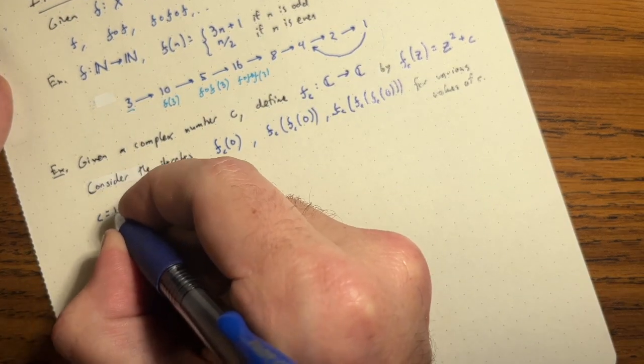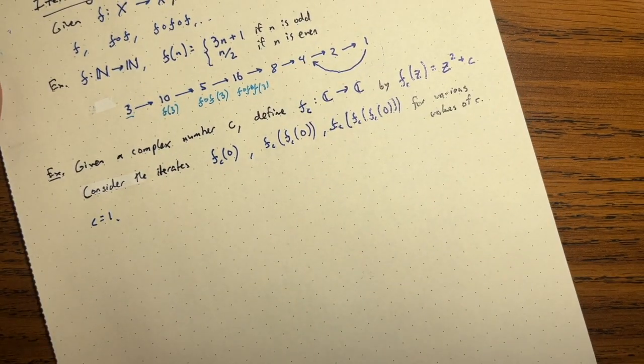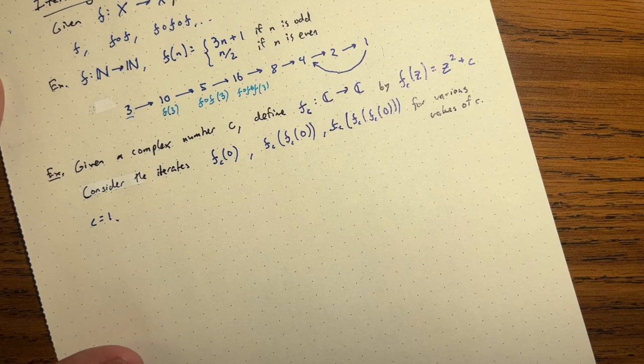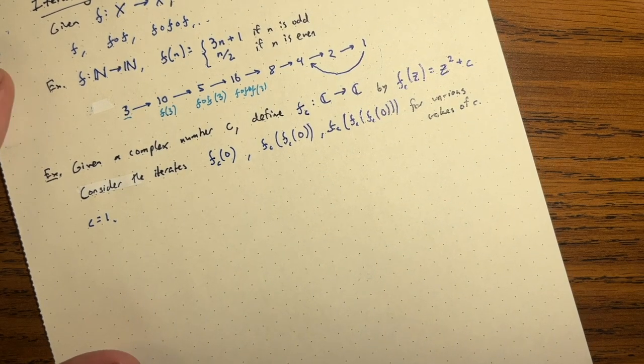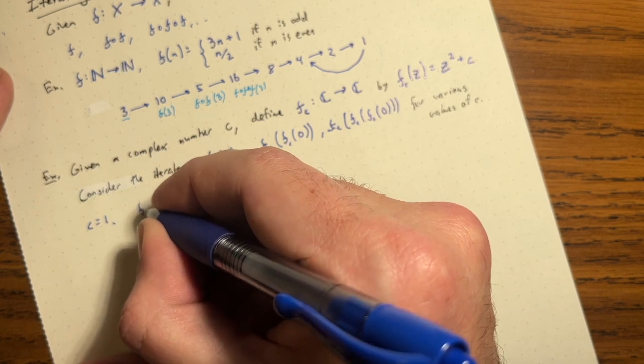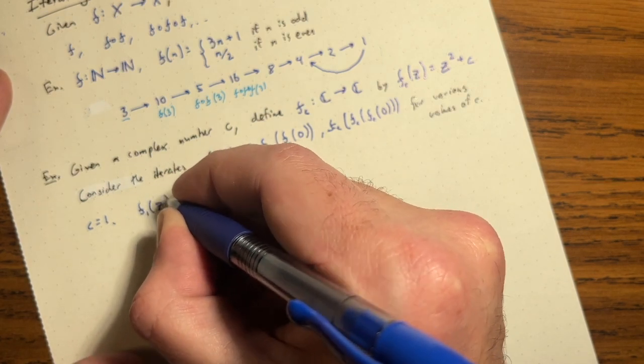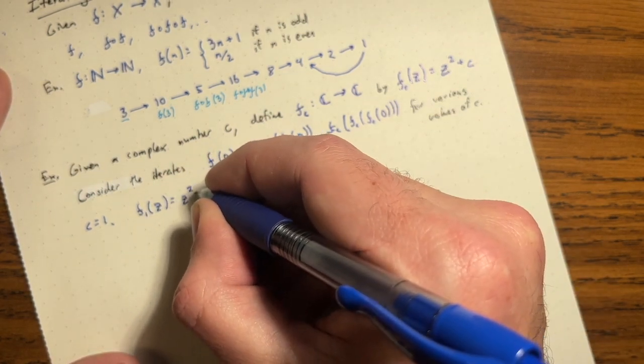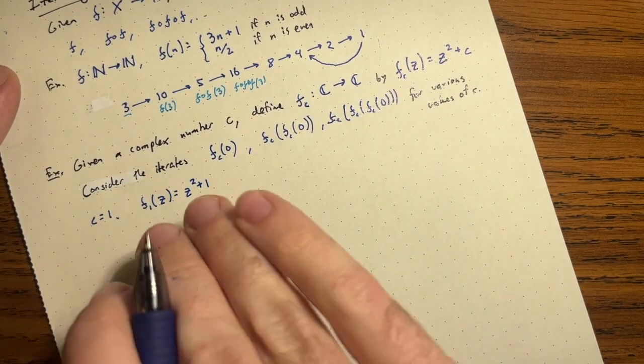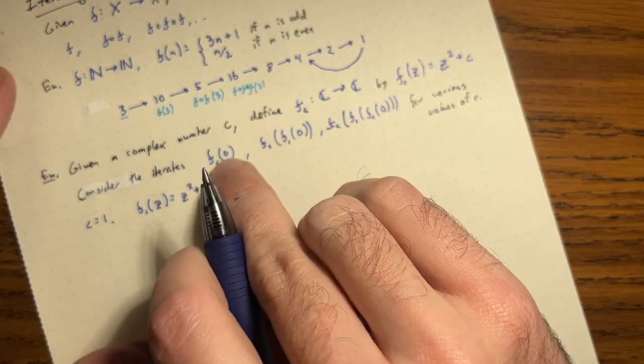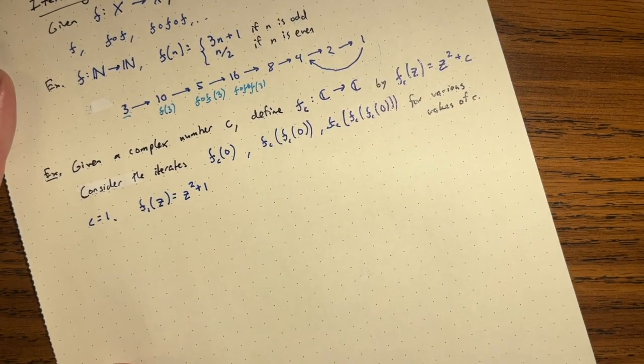So here's an example. Let's say we take c to be the number 1. Then my function is f_1, let's just write our formula. That's going to be z squared plus 1. Okay, we're fixing that. We're locking this in now. And now we're going to consider these iterates. So we're always going to start with 0.